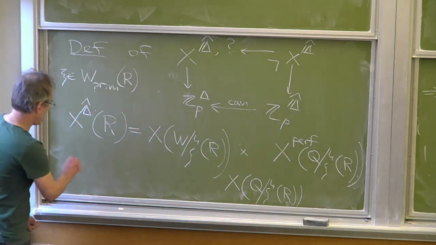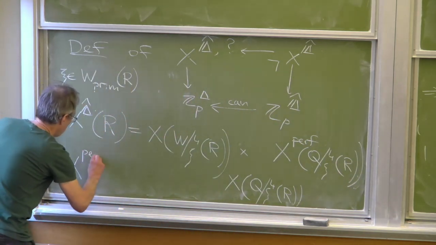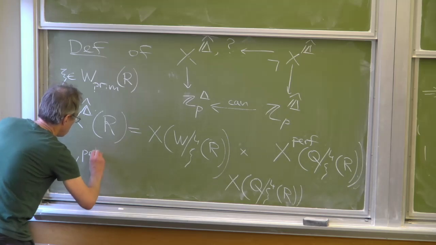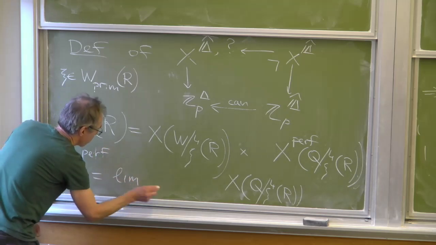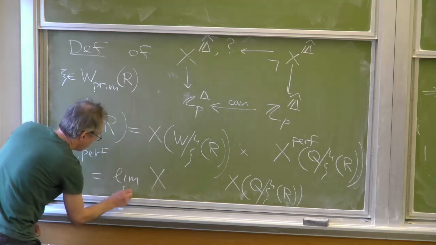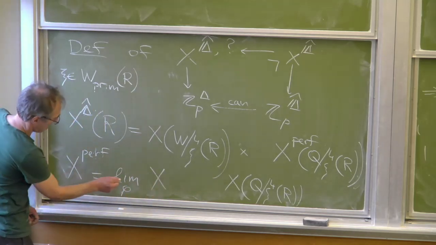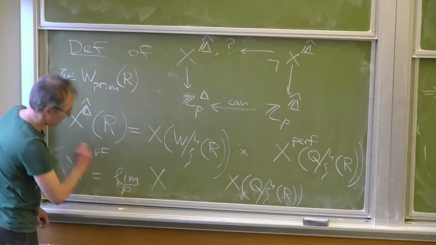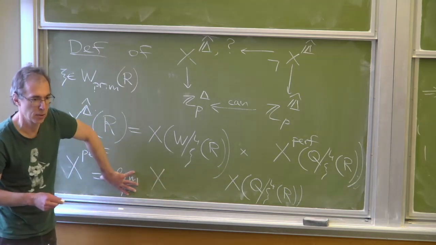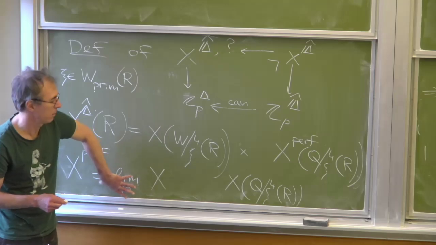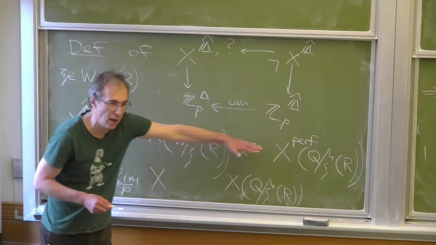So first of all, what is X-perf? X-perf is the limit perfection of X along the Frobenius. So it's inverse limit. This is a delta scheme, so it has Frobenius. So I can define X-perf.